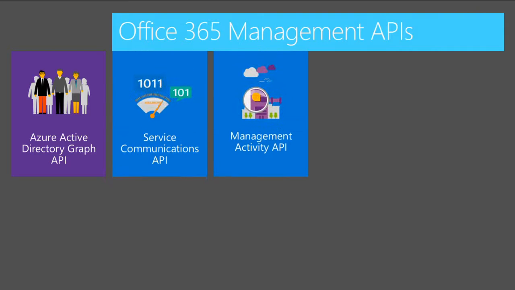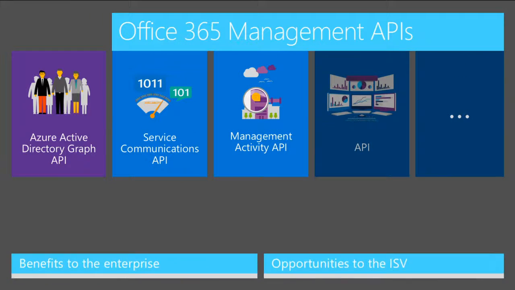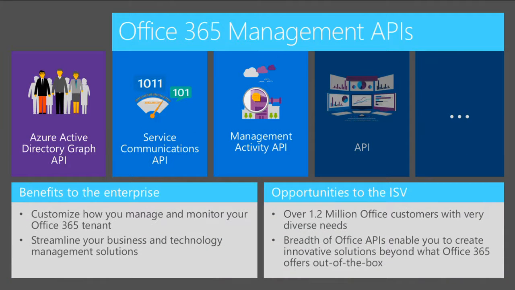So today we have the Azure Active Directory Graph API. That enables you to programmatically access your Azure Active Directory through a REST API. But what we're planning to deliver is a suite of APIs under what we're calling today the Office 365 Management APIs.